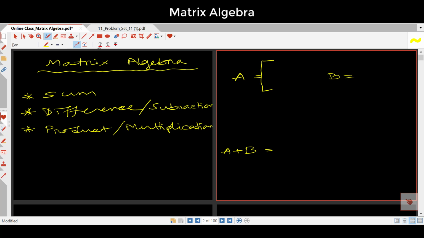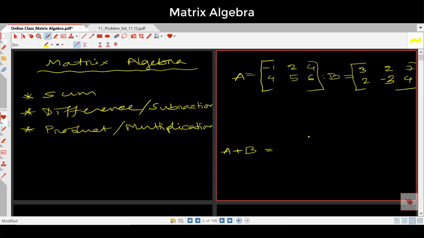Suppose A matrix is -1, 2, 4, 4, 5, 6, and B matrix is 3, 2, 7, 2, -3 and 4. So we have two matrices, matrix A and matrix B. So we are going to sum.